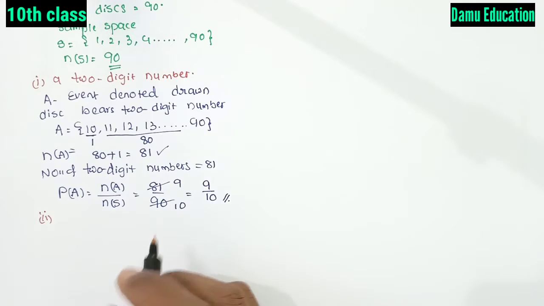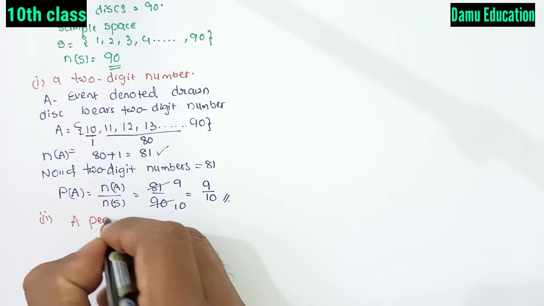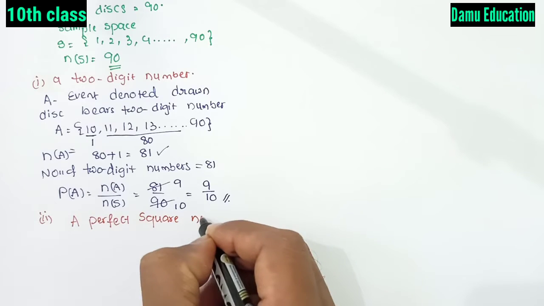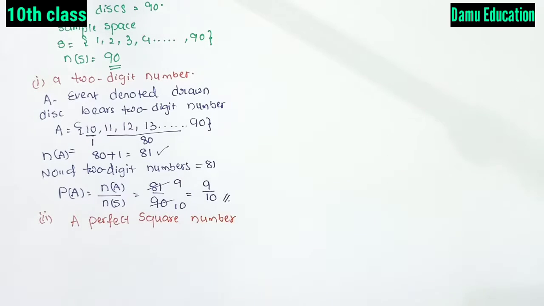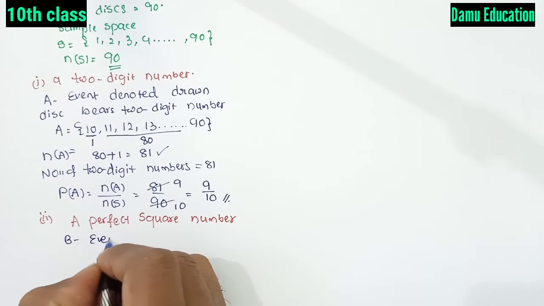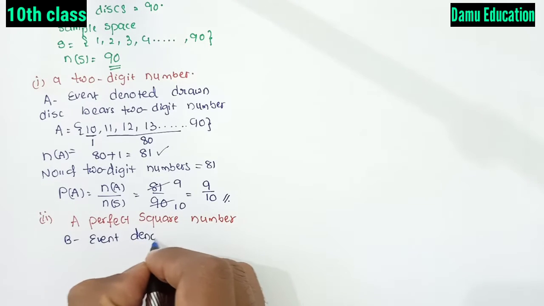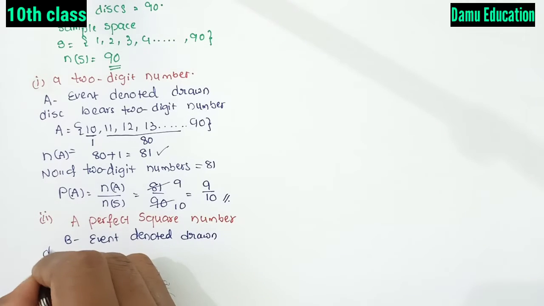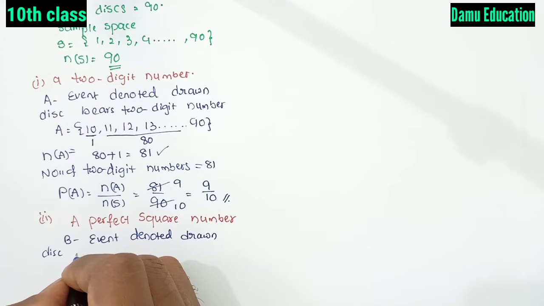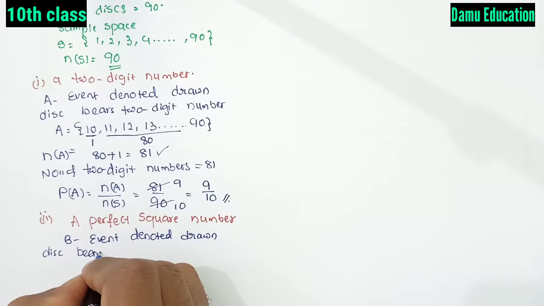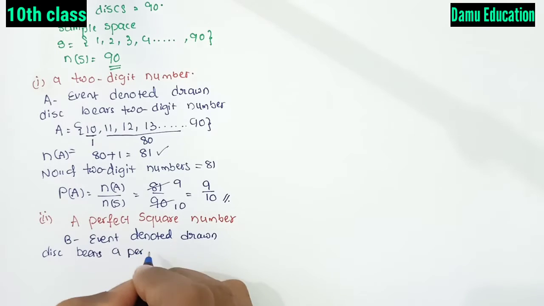Then we're going to see our second one: a perfect square number. Let B be the event that the drawn disc bears a perfect square number.